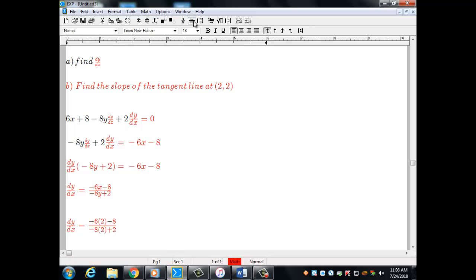So negative 6 times 2 is negative 12. Negative 12 minus 8 is negative 20. Negative 8 times 2 is negative 16. Plus 2 is negative 14, which would be equal to 10 over 7.